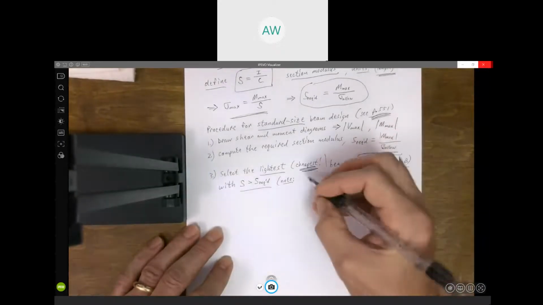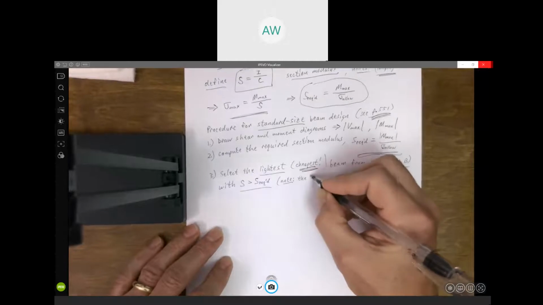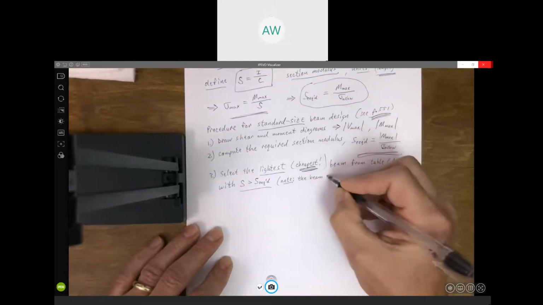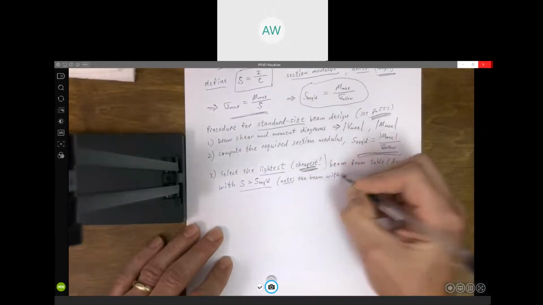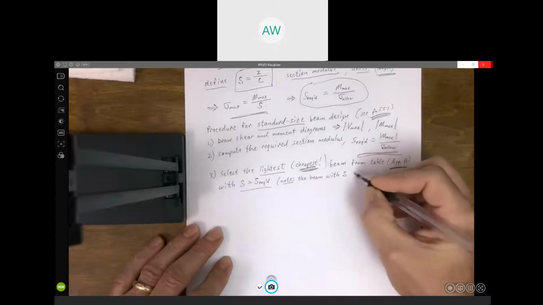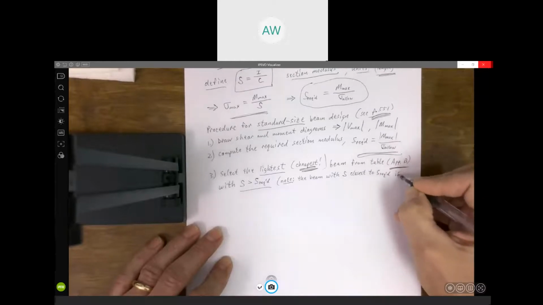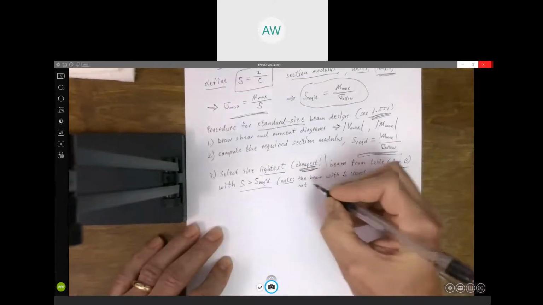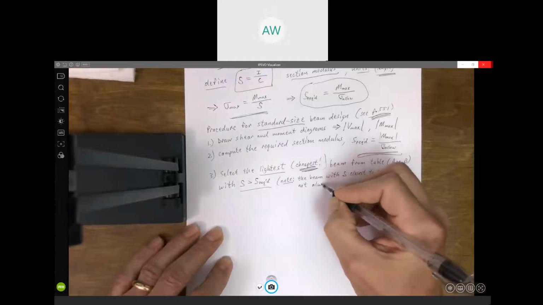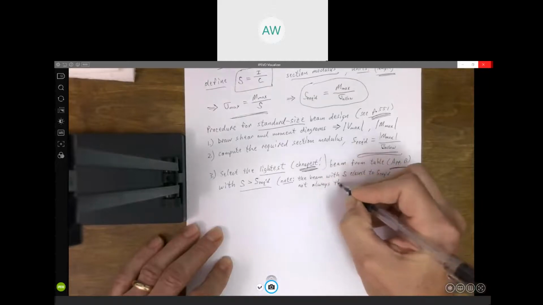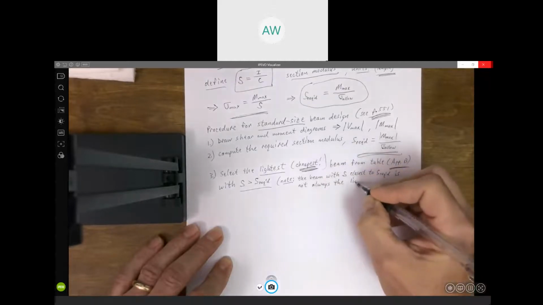But I'll just mention now that the beam with the section modulus S closest to the required is not always the lightest.